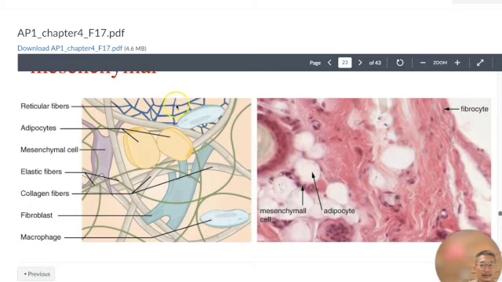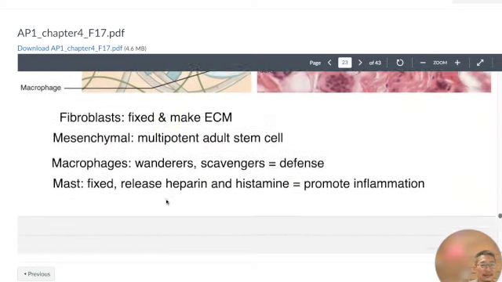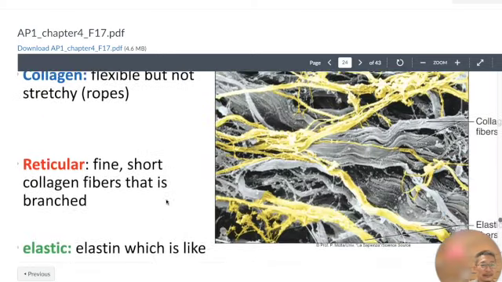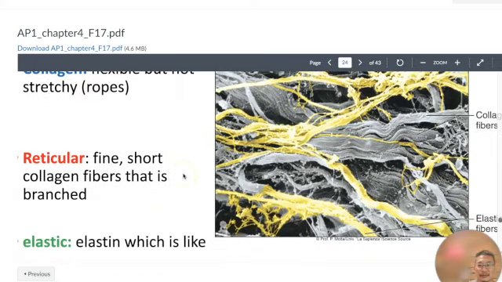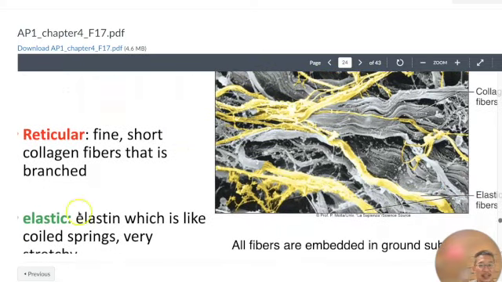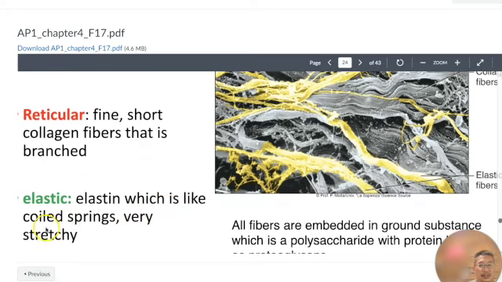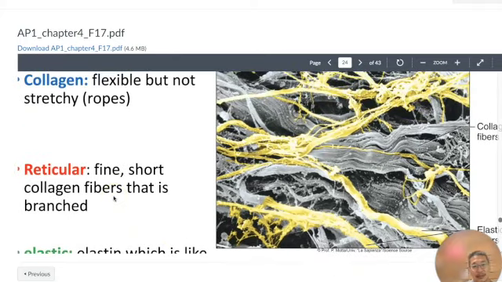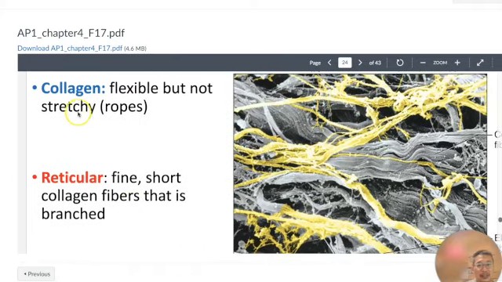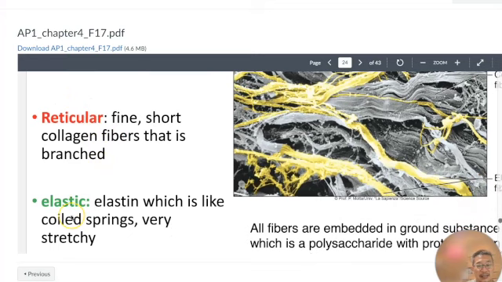We saw them up here. Collagen is flexible, but not stretchy. And elastic, which is like a coil spring, is very stretchy. So just remember, reticular is like the web. Collagen is flexible, but not stretchy. Elastic is like, you know, the Incredibles' Elastigirl is stretchy.